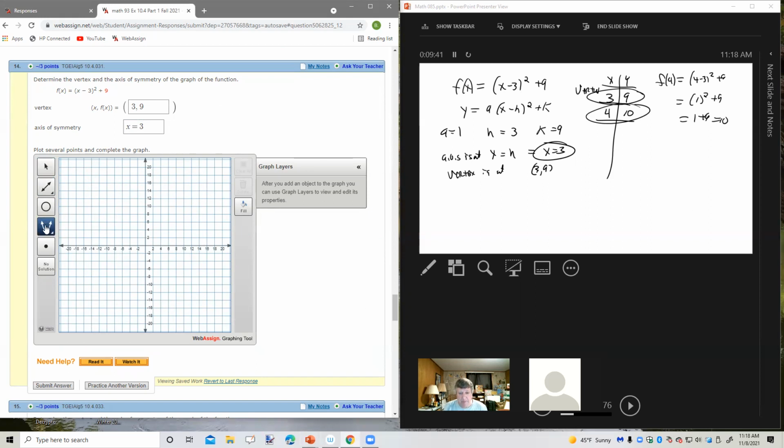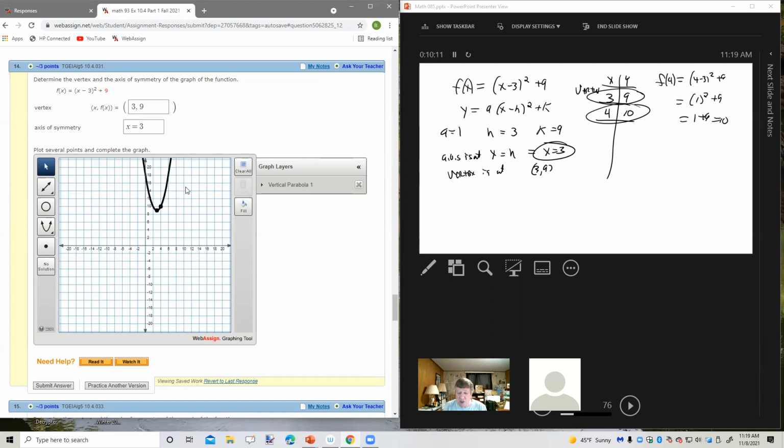All right. Now, I do not come down here and click on the points. I go straight to the graph, and I'm going to plot the vertex, which is (3, 9). And then I'm going to plot, after that, one other point on the graph, (4, 10). Okay. And when I do that in the correct order, that will give me the correct parabola.